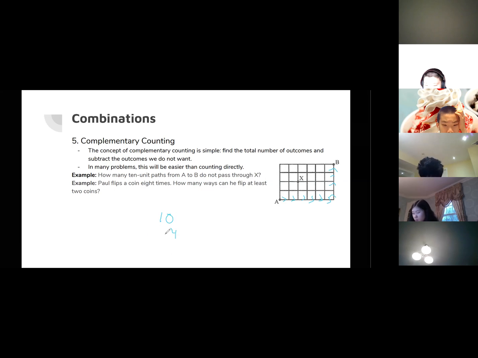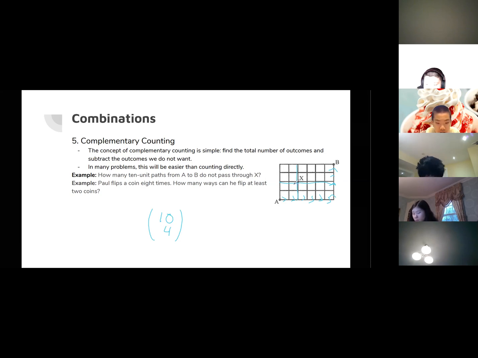But remember, we can't have them pass through X. So how many paths do pass through X? If we just partition these, it's the same as finding the ways to go from A to X and then from X to B. There's no way to move anything else.